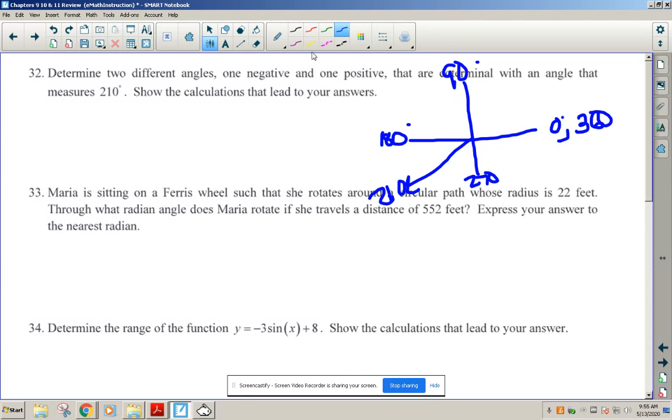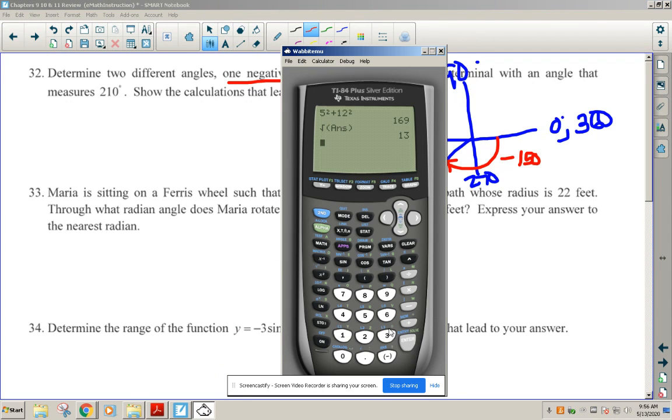So one negative would mean I started at 0 and I went backwards. I went negative to land at 210. So that would mean 360 minus 210. If I went negative 150, I landed at 210. Again, a full rotation is 360.